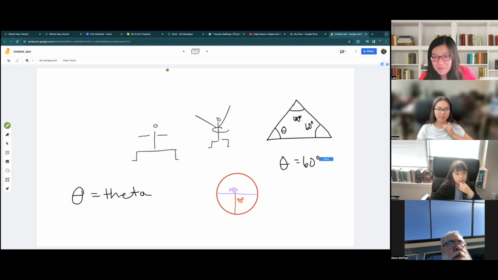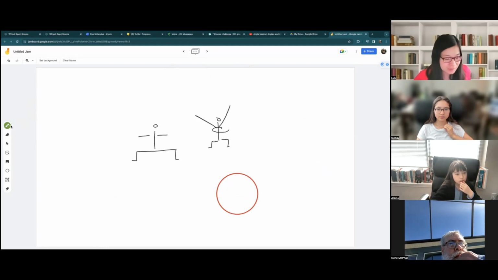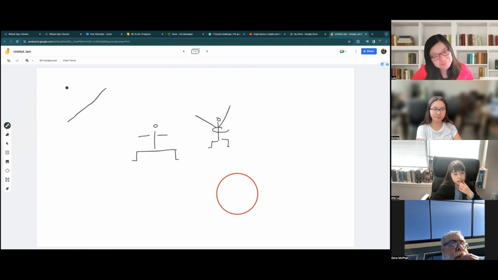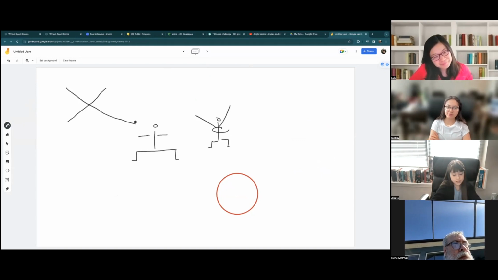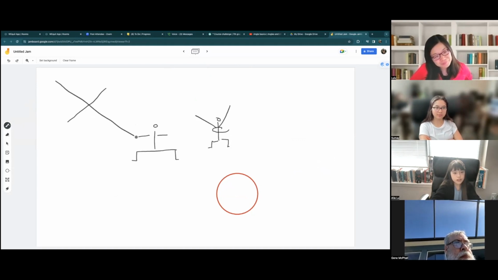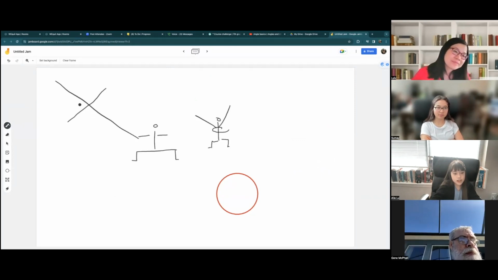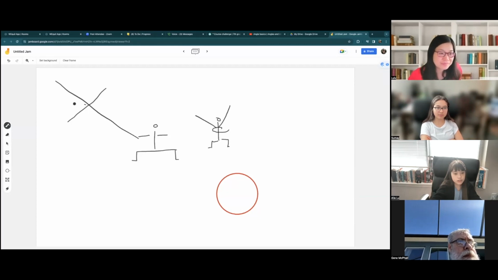A cool thing is that if you make two lines like this, no matter how far they go, if they're straight, then each side will equal the same thing. So this equals this.